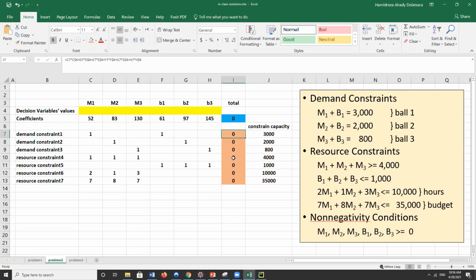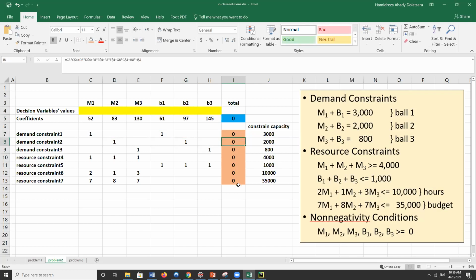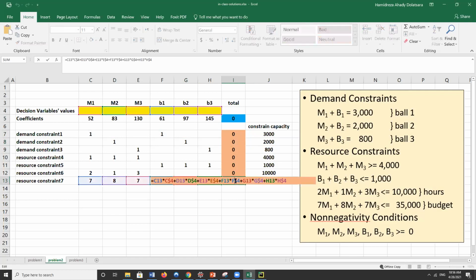So you formulate the constraints from their coefficients times the decision variables, and if you click on each cell, you can see how it is formulated. Let me check the last one.